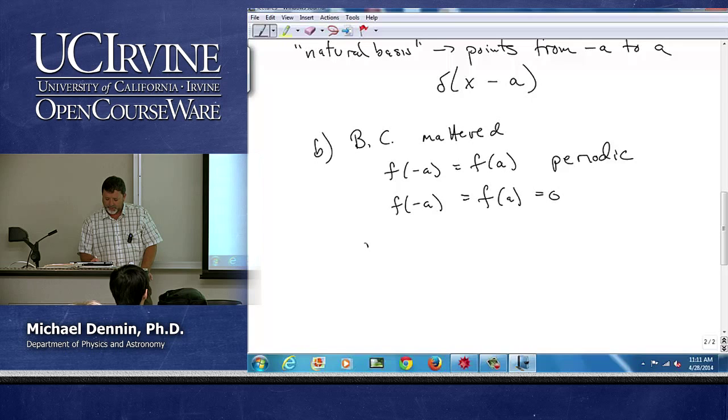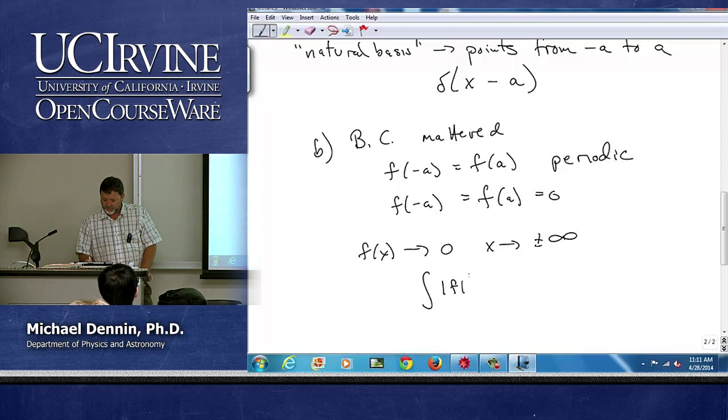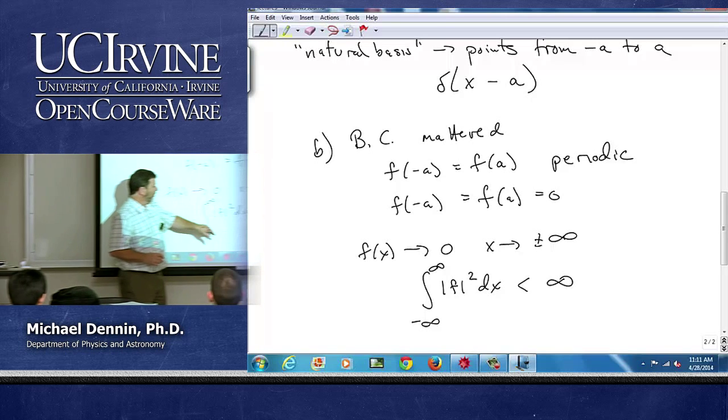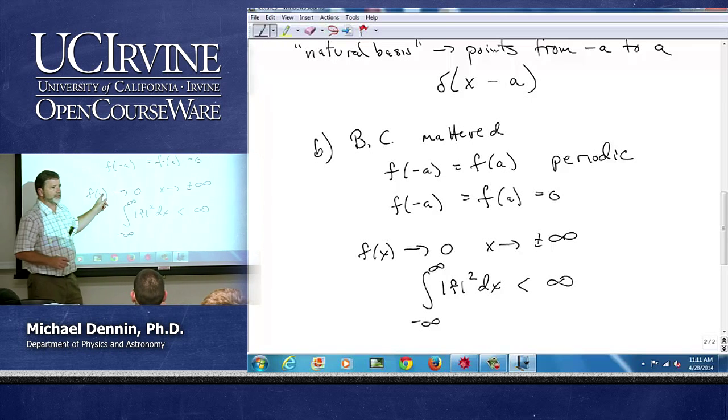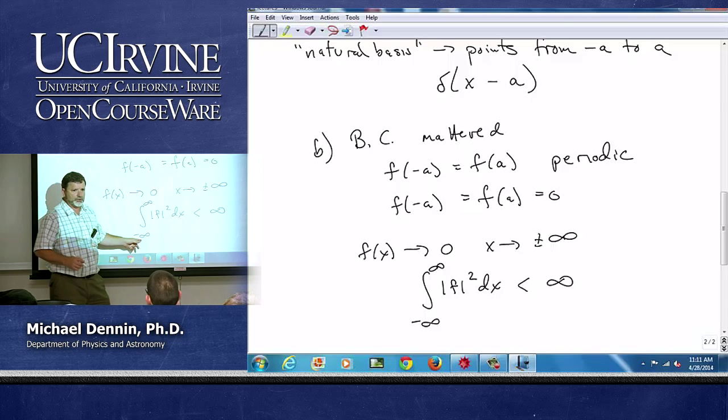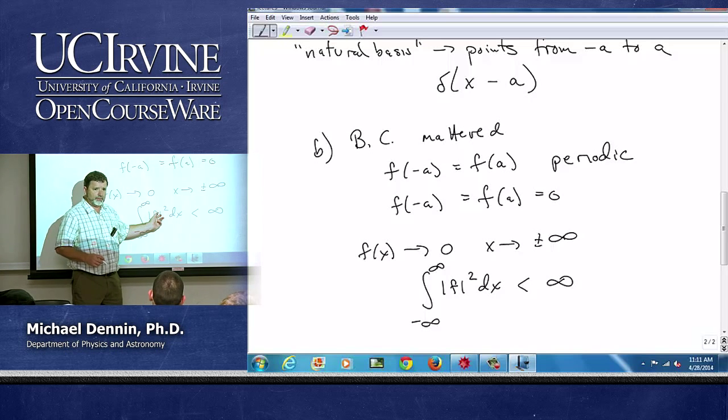The other big one is to have f of x go to 0 as x goes to plus or minus infinity, and have the integral of the square of f of x dx from minus infinity to infinity be less than infinity, meaning it's defined. And this is what we call square integrable functions. So the function itself might diverge, but if I square it, then that integral converges.